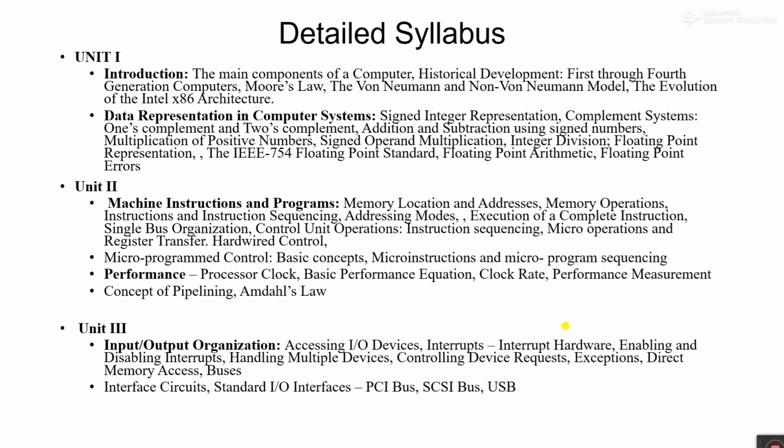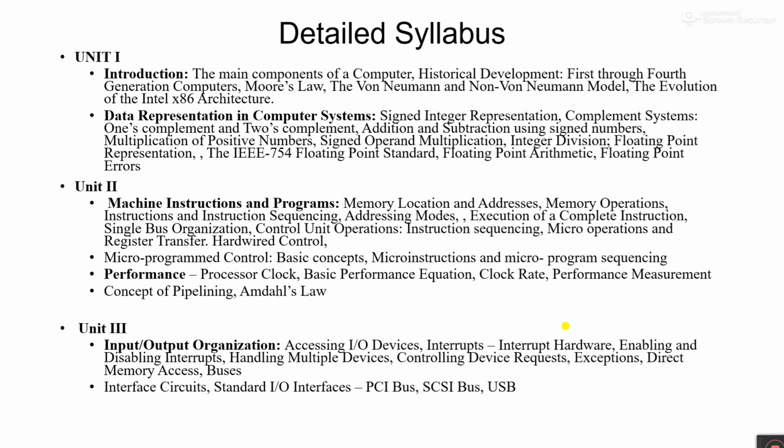We will cover signed integer representation, complement systems, ones complement and twos complement, addition and subtraction using signed numbers, multiplication of positive numbers, signed operand multiplication, integer division, floating point representation, and the IEEE 754 floating point standard, to understand how floating point numbers are stored in computer memory. Then floating point arithmetic, how it works, and floating point errors, that is, what happens in the computing system when errors come.